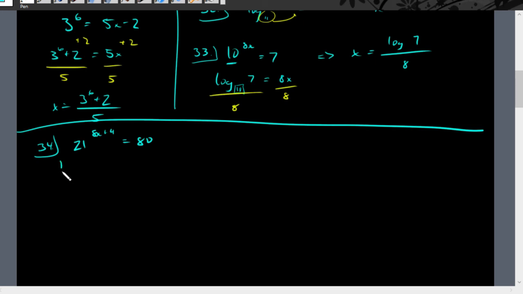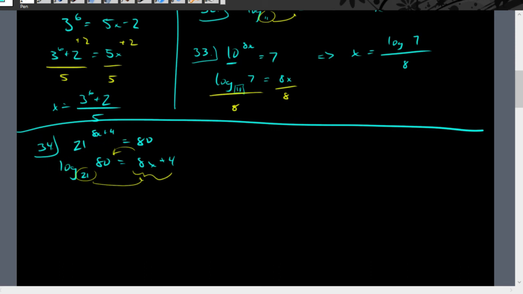So convert. Log base 21 of 80 equals 8x plus 4. And I did that quickly, but if you want to check, try to convert back. This way is always easier for students. 21 to this power equals this. Is that right? Yeah, it's exactly right. So that's good.